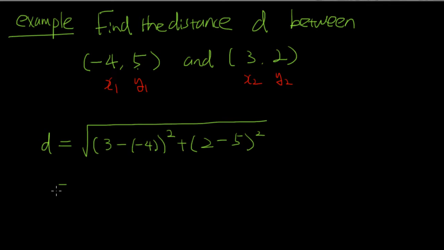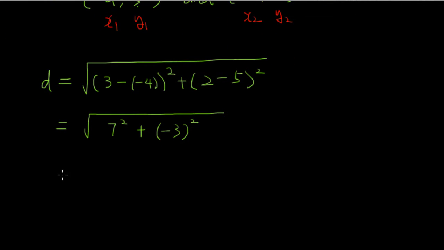All right, let's simplify. That's 3, this double negative becomes plus, so 3 plus 4, that should be 7 squared, plus, that's what, -3 squared, right?